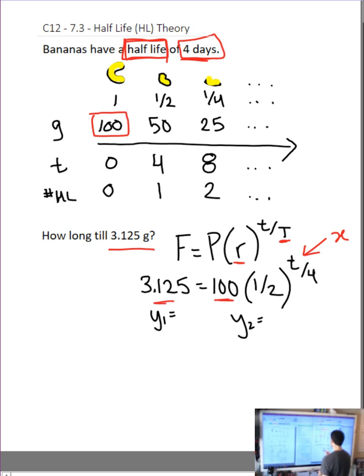And I know my intersection is going to happen at 3, so I need to change my window. So when I make my graph, I'm going to go right away and make my y maximum 100. And I'm going to leave all of the rest on the regular 10 by 10, and I'm going to press graph.